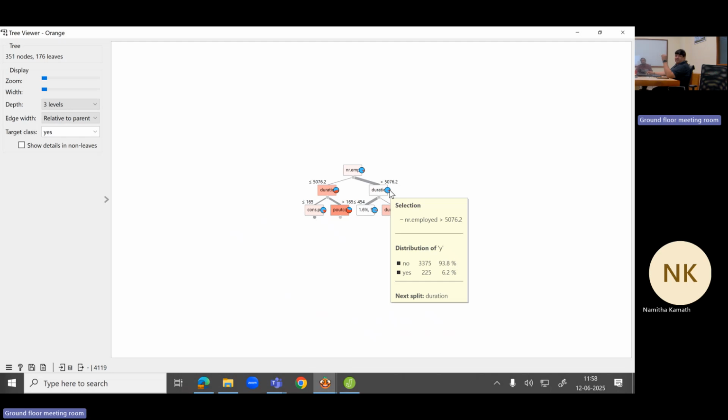Now see, here it is saying that if NR dot employed is greater than 5076.2, there are 225 people who have taken the deposit among that, and 3375 have not taken the deposit.